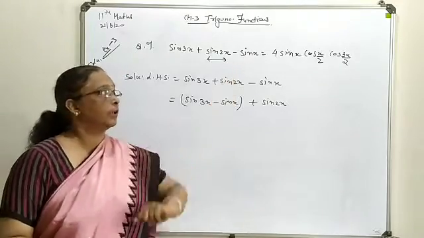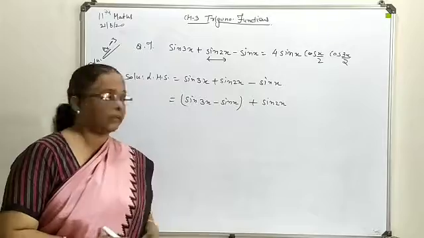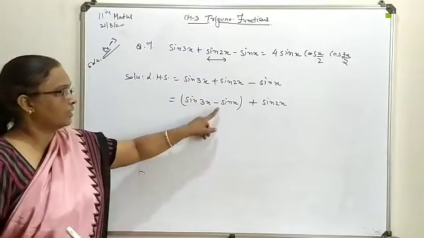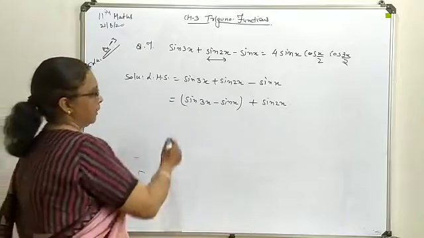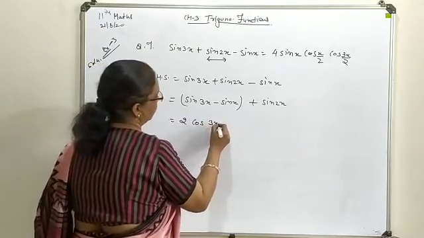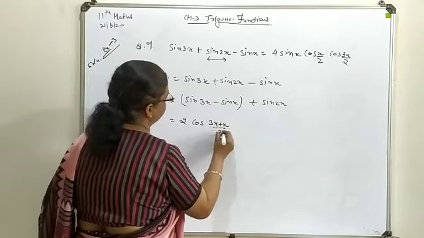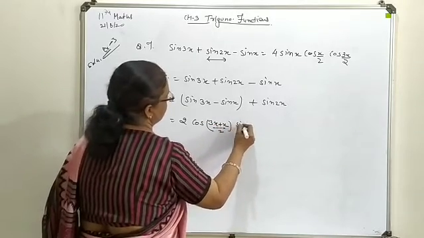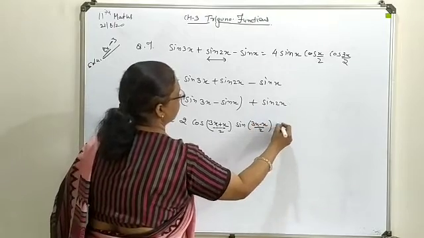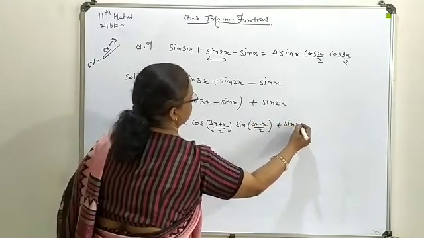So your answer will come out in a sin x form, and sin x also we are going to generate over here. Sin x minus sin y formula we will write, that is 2 cos (3x plus x)/2 sin (3x minus x)/2, keeping this sin 2x as such.